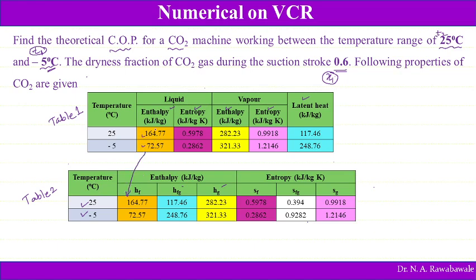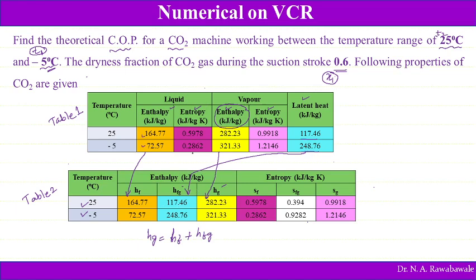This is HF, the enthalpy given in this table. Then the latent heat is given here, 117.46 and 248.76, taken directly. The sum of HF and HFG is Hg, the enthalpy of vapor, given here. So Hg is equal to HF plus HFG. So this is completed.